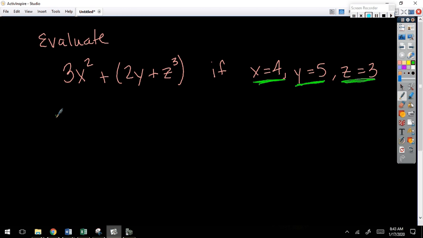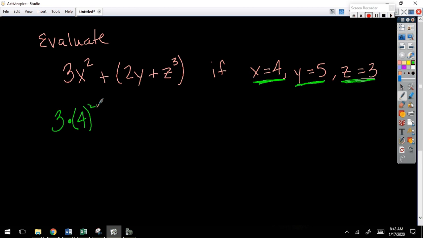I'm going to have 3. Not x. What am I putting in place of x? 4. And this is multiplied, right? And I'm going to go back here just a second because this is a good habit for you to be in. Anytime you plug in for a variable, it's always helpful if you put it in parentheses and then finish doing whatever else you need to do to it.